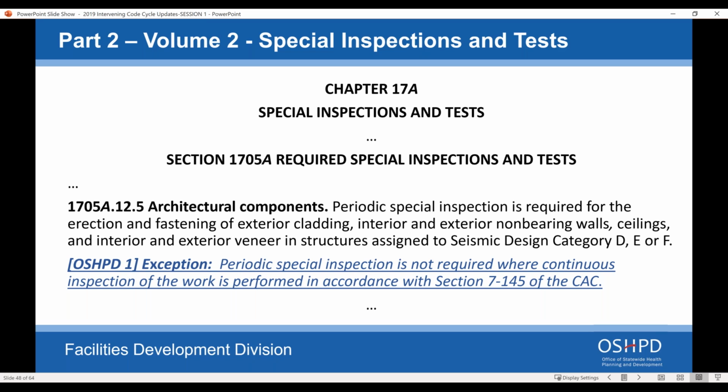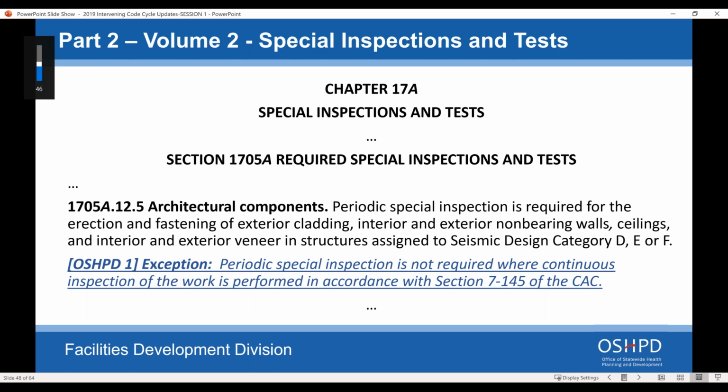So if you already have continuous inspection with an IOR performing that duty, then you don't need to have a periodic special inspection done on top of that, right? If that work is already being performed by the IOR doing continuous inspection, why do we need another periodic special inspector to do that same work?